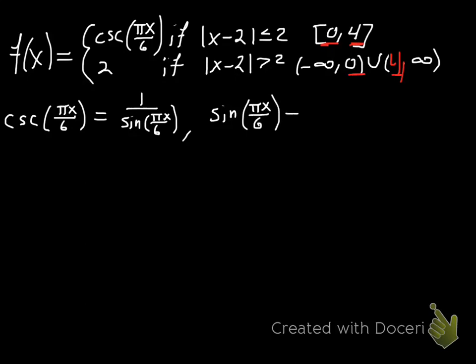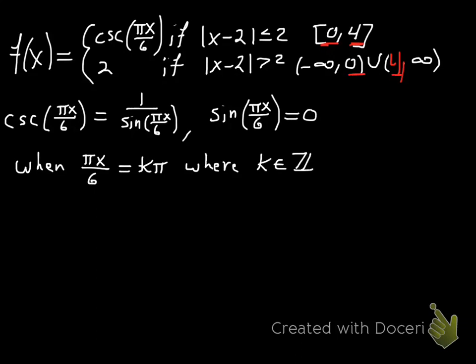So sine of pi x over 6 is equal to 0 when pi x over 6 is equal to 0, pi, 2 pi, 3 pi, or in the negative direction also. So we'll just say k pi, where k is an integer. If we solve that for x, we multiply both sides by 6 and divide by pi, the pi's cancel, and we have x equals 6k.